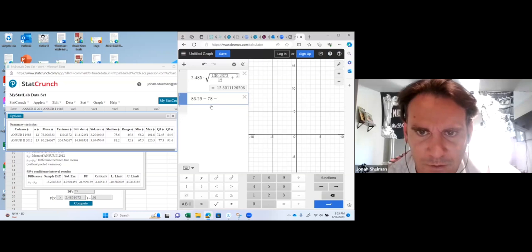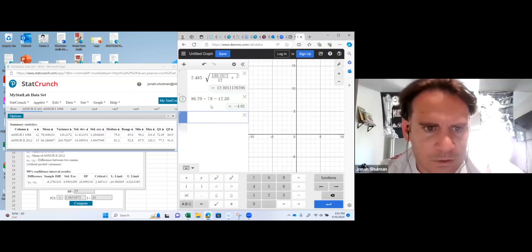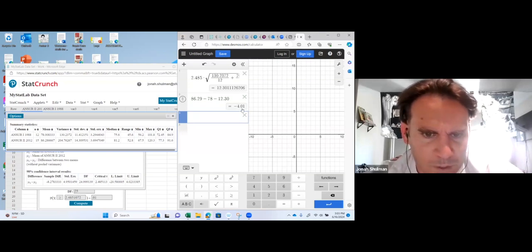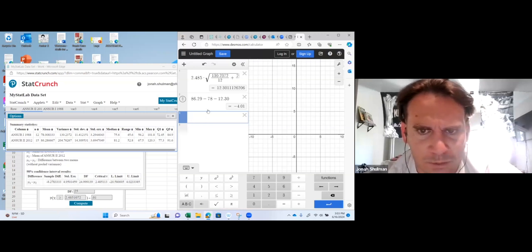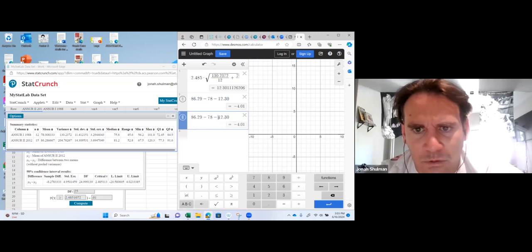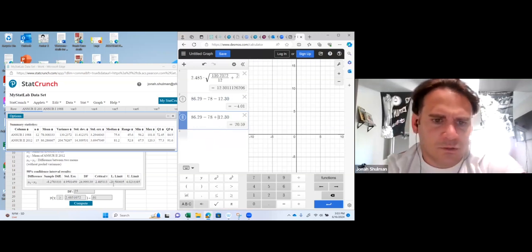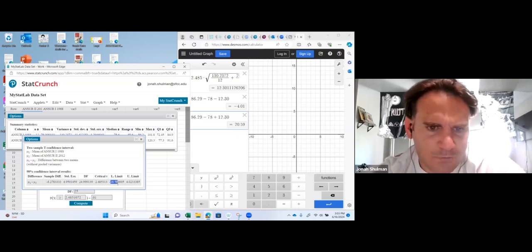We subtract the 12.30. And look what we got. We got this 4.01. I got 4.02, but that's the wrong limit. Let's add that. And there's the 20. Sweet. So there's how you get the 20.59 and the 4.02.